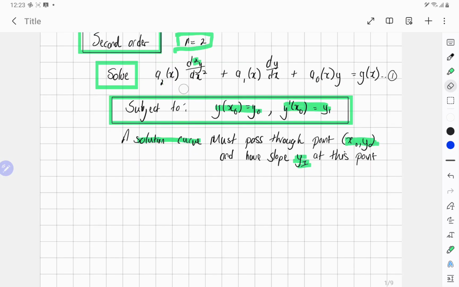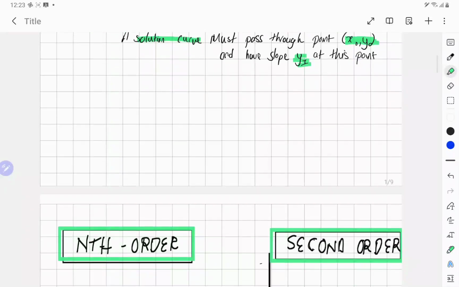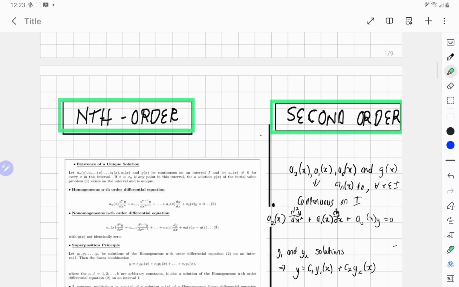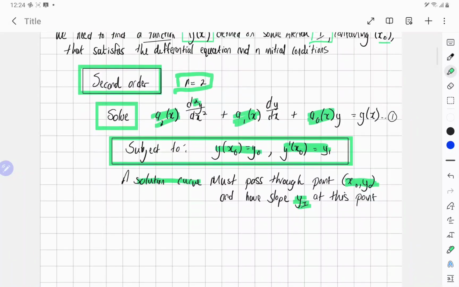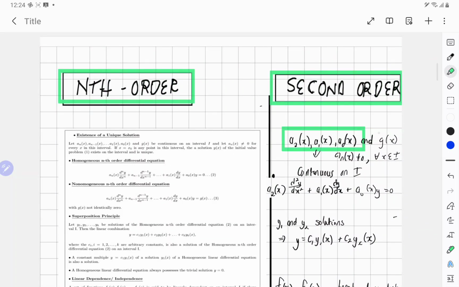As you can all see here, these are the coefficients of my derivatives. And now, for the existence and uniqueness, those coefficients together with whatever my differential equation is equal to, any function g(x), must be continuous on the interval they give us.